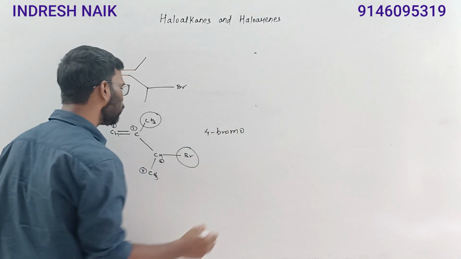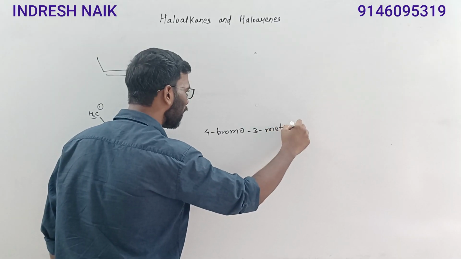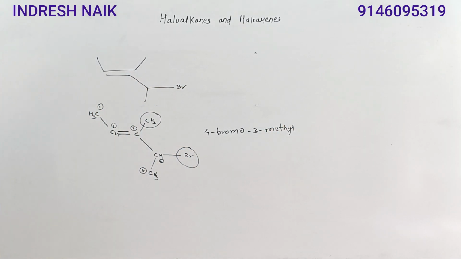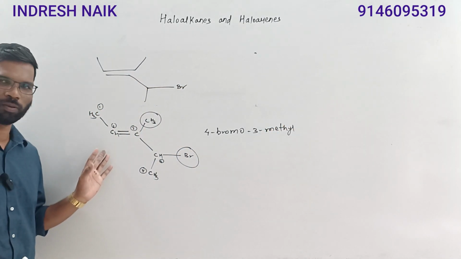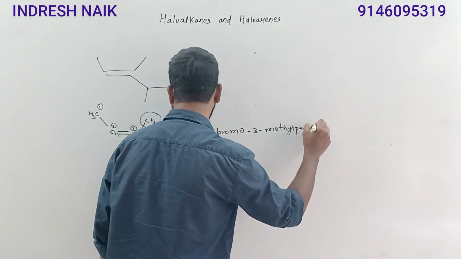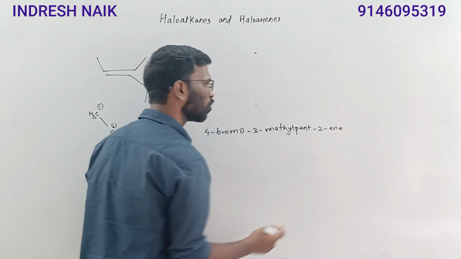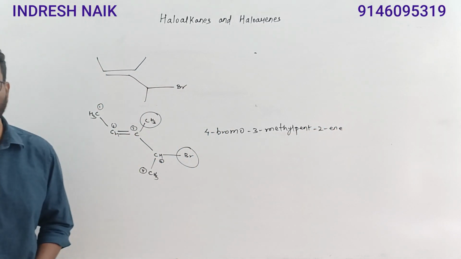I am writing that first. 4 bromo, 3 methyl. Then how many carbons on the parent chain? Here also there are 5 carbons, so it will be just pent. What position is the double bond? Second. So 2-ene. So this is the thing about the IUPAC nomenclature.